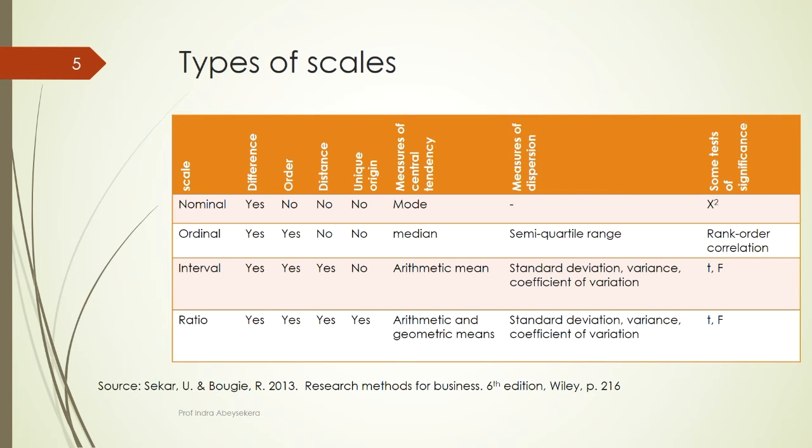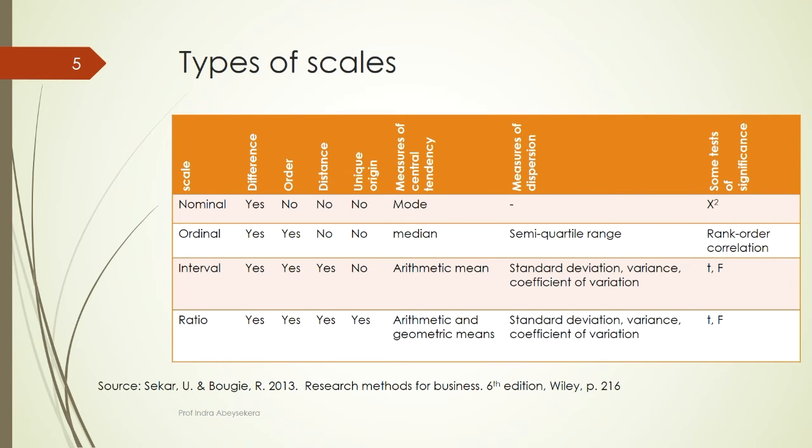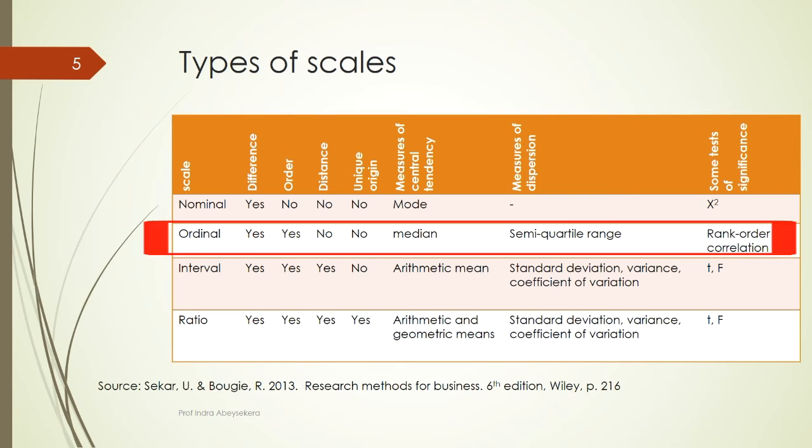Based on the data scale, how we analyze and how we describe this data becomes different. When we talk about the nominal scale, we talk about the mode as the central tendency, and when we talk about ordinal numbers, we talk about the median, or the middle number.